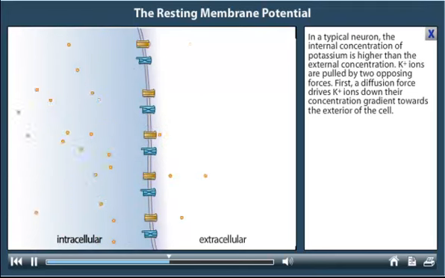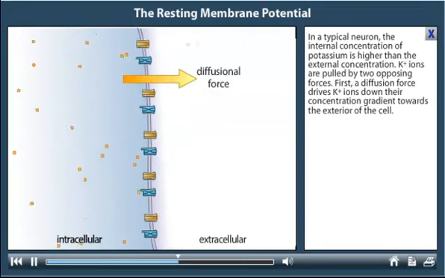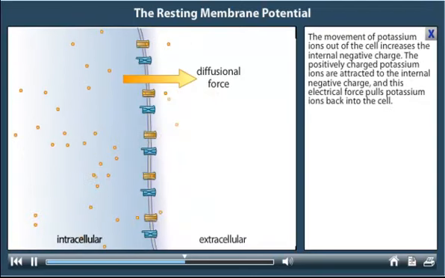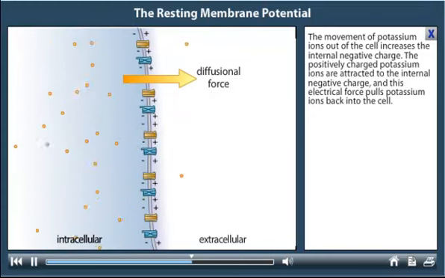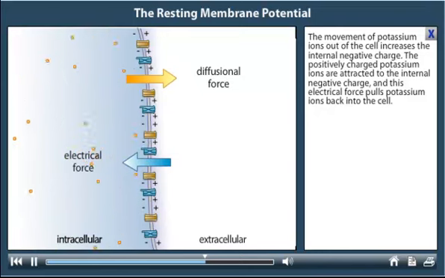Two opposing forces influence the movement of potassium ions. First, a diffusion force drives potassium ions down their concentration gradient towards the exterior of the cell. The movement of potassium ions out of the cell increases the internal negative charge. The positively charged potassium ions are attracted to the internal negative charge, and this electrical force pulls potassium ions back into the cell.